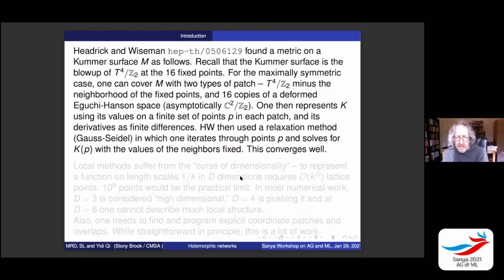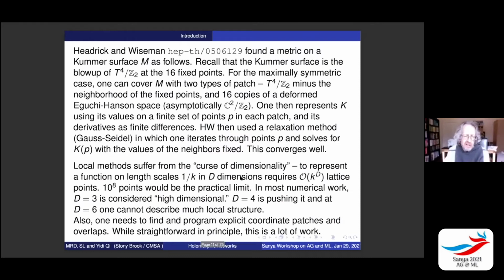And then if you have an elliptic PDE, relaxation methods tend to work well. But then 6 dimensions, or even 4 dimensions, is pretty large from the point of view of local methods. As you all know, with lattice gauge theory in 4 dimensions, it took many years before the computers were up to that challenge.